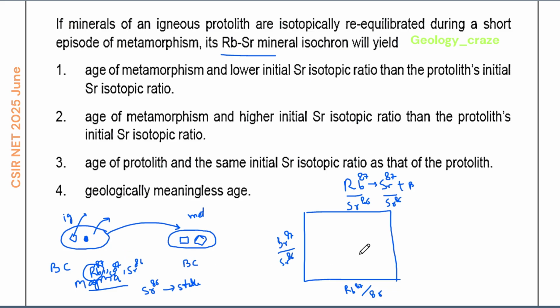Suppose for the whole rock this is the value, and for this mineral we are getting this value, and for this other mineral, this value.